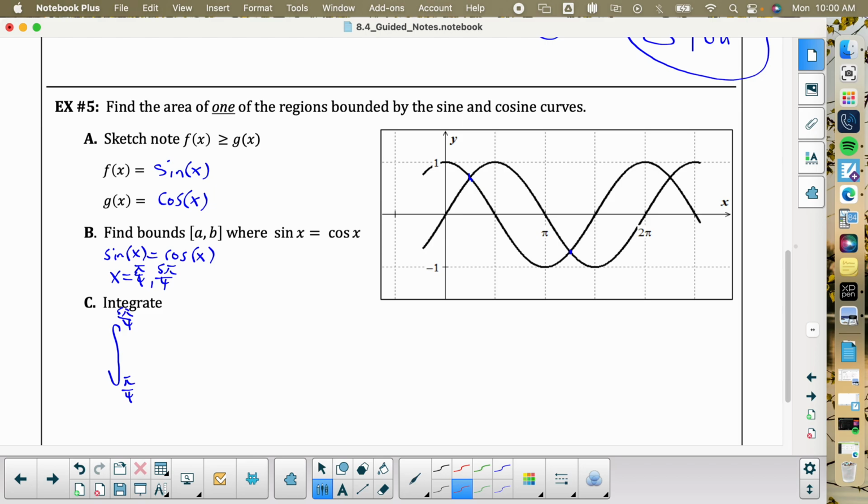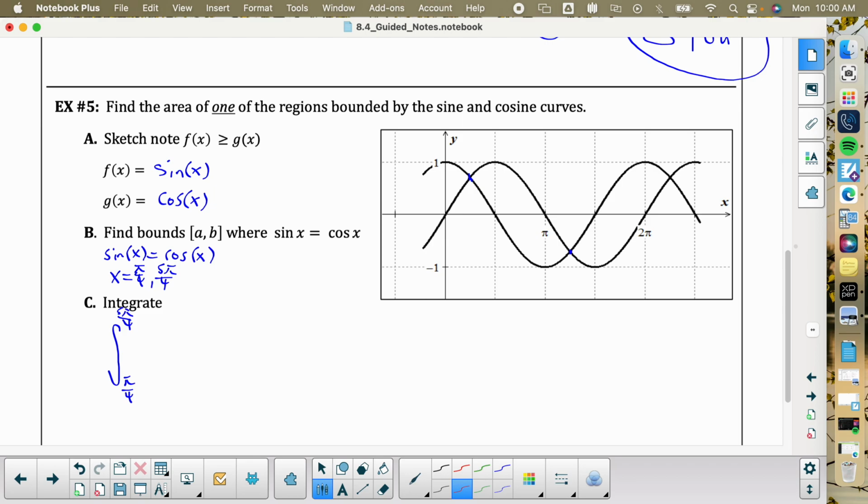Okay, Marvel. We need to find the area between the two curves. We need to know which one is the upper function, which one is the lower function. Is it sin of x? How do we know which one's the top?